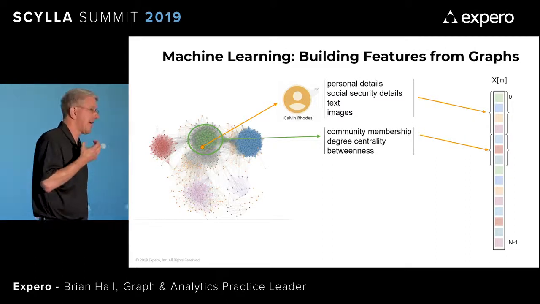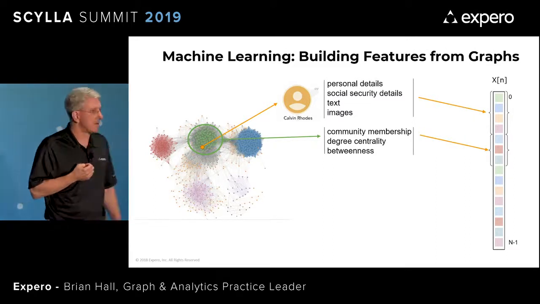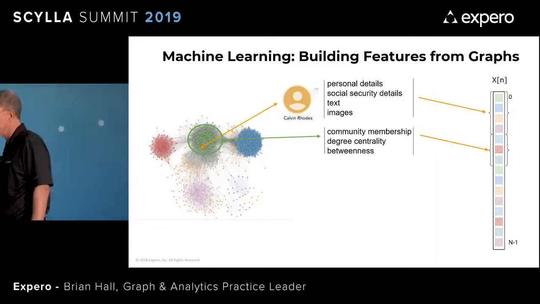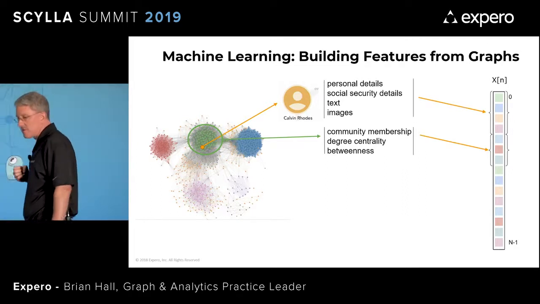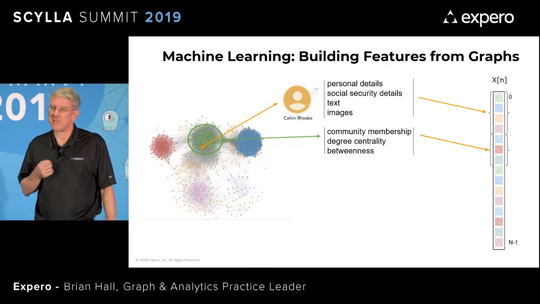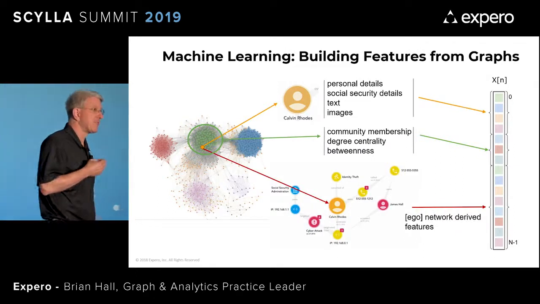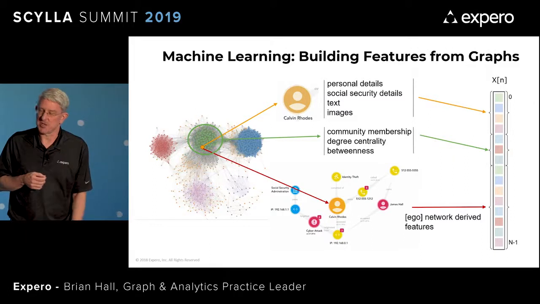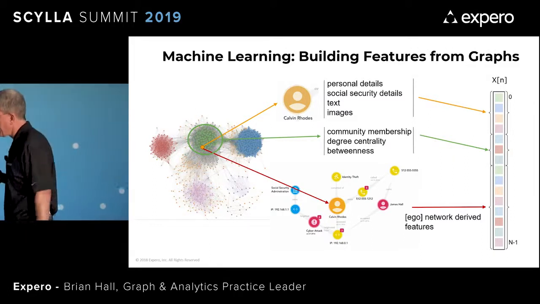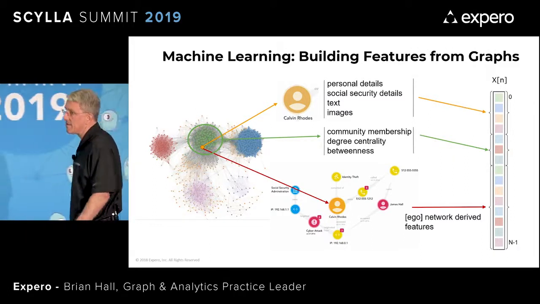I can take out certain degrees and certain graph computations such that I can have a deeper and richer feature vector with which to do more accurate machine learning. So this is an area of hot innovation right now.